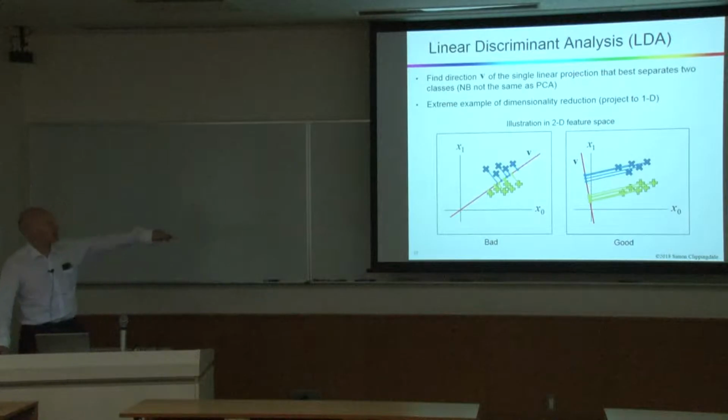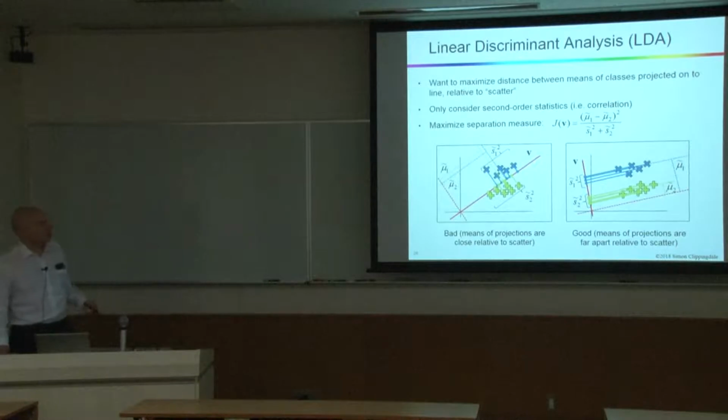I think you can see from this example that these projections of the blue data points are much better separated from the green ones here than they are in this case where they're all mixed up. Mathematically speaking, what we're trying to maximize is the distance between the means of the projections relative to the scatter, or the variance of those projections.